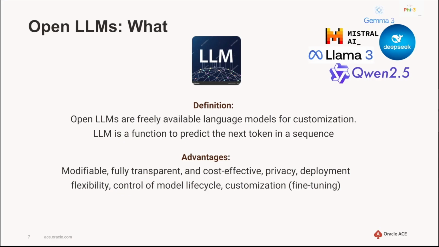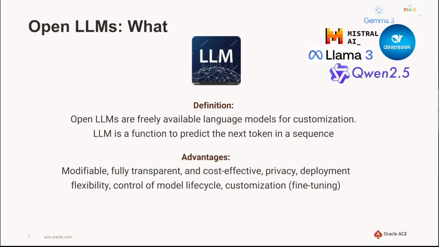And one of the main benefits of open LLMs over closed models is the fact that they're modifiable, transparent, cost effective, and offer more flexibility with customization and full control of the lifecycle, like fine-tuning and post-training. You can actually run them on your laptop or your on-prem servers without having to pay any license.